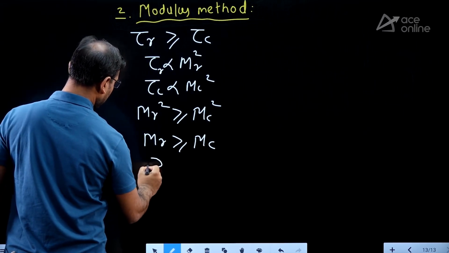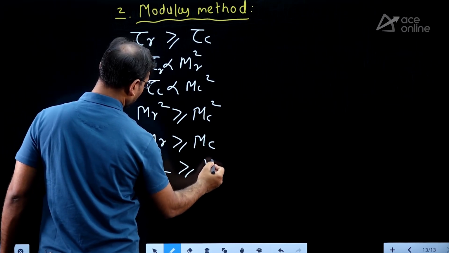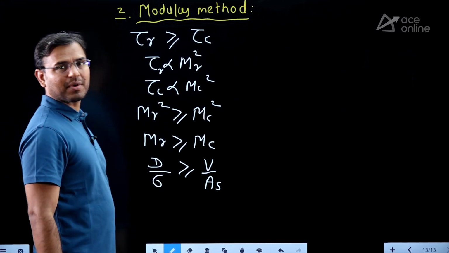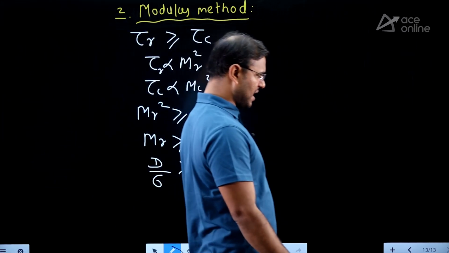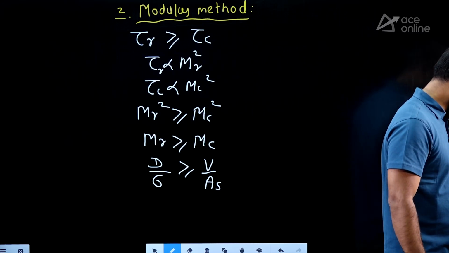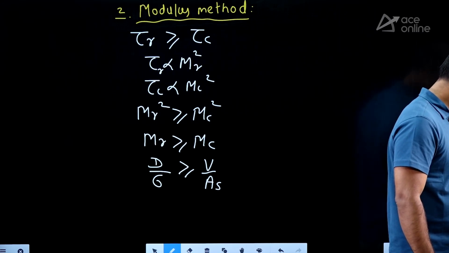Then modulus of riser, we are saying it is d by 6, must be greater than or equal to modulus of casting, which is volume by surface area. Modulus of riser is also volume by surface area, and if you check our notes, you will see how from volume by surface area we got the answer d by 6, and that d by 6 is the standard case.